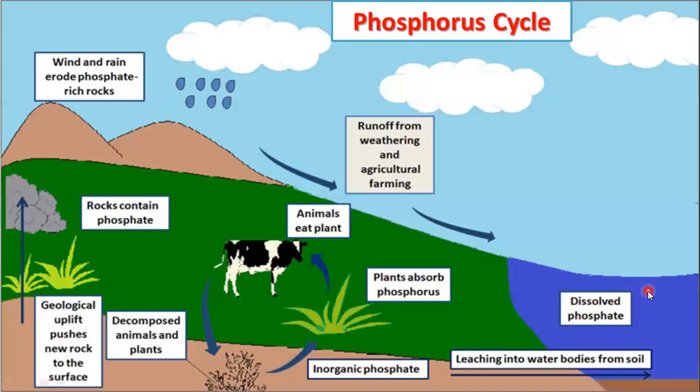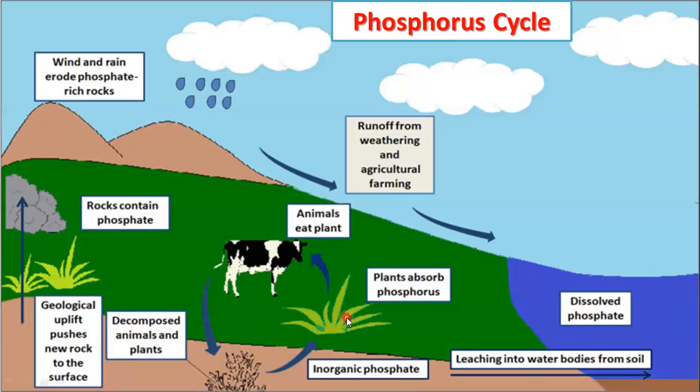Means in the food chain of aquatic life, the phosphorus is also transferring, and after the death of these plants and aquatic animals, again the decomposition process takes place, and during this decomposition process phosphorus is formed, and that phosphorus gets settled at the bottom of the ocean in the sediment form.